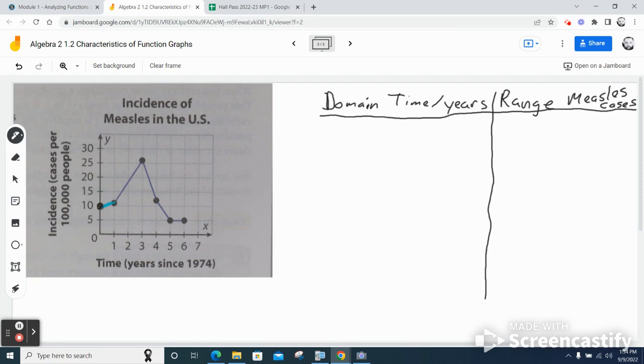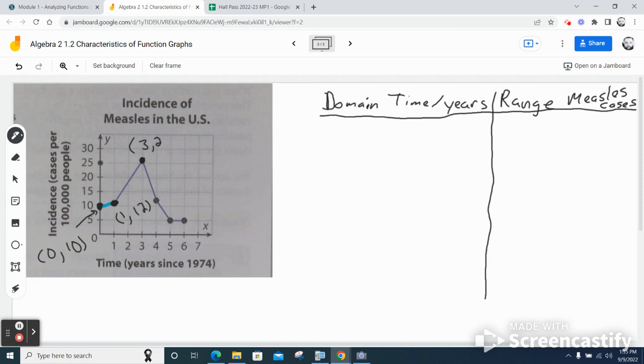So in order to do the domain, what is this point here? 0, comma 10. You guys get that? Does that make sense to you guys? What about this point here? Yeah, it's 1, comma. Yeah, we'll say 12 roughly. Let's do all the points while we're at it. What's this point here? 3, comma.